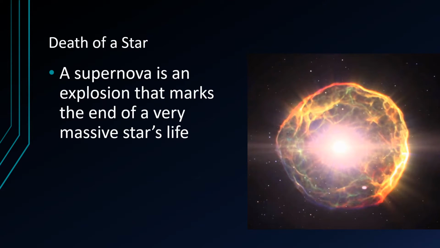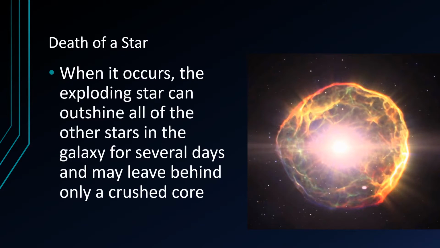So a supernova is an explosion that marks the end of a very massive star's life. When these explode, the exploding star can outshine all the other stars in the galaxy in total for several days, and may leave behind only a crushed core.